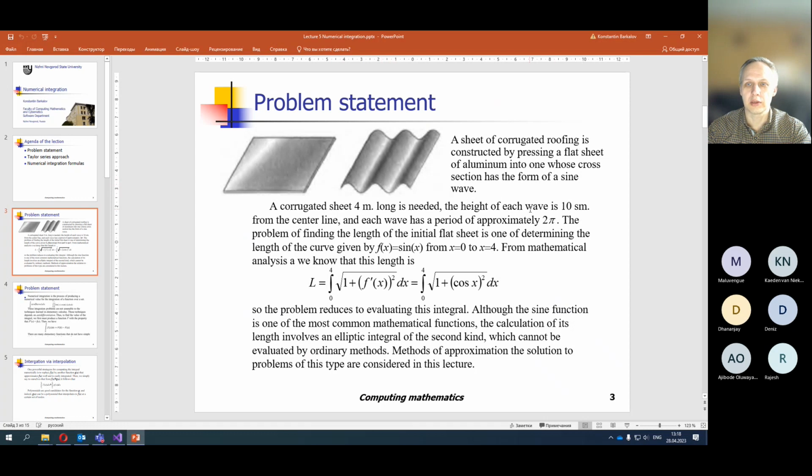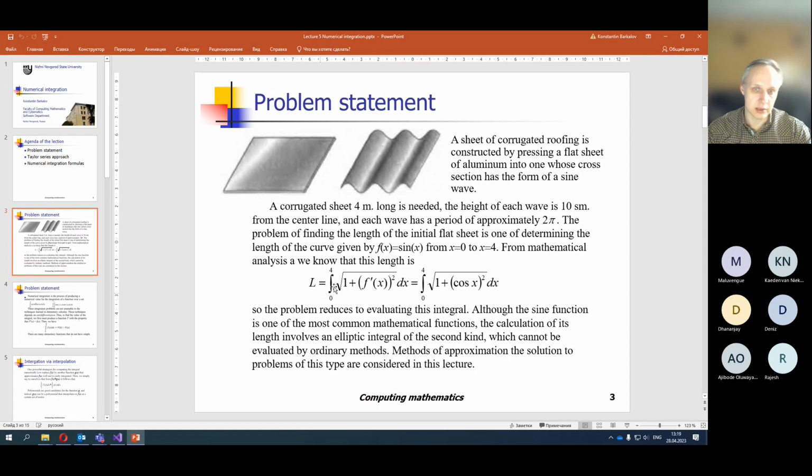Suppose that the height of each wave is 10 centimeters, and suppose that each wave has a period approximately 2 pi. How can we find the length of the initial flat sheet?